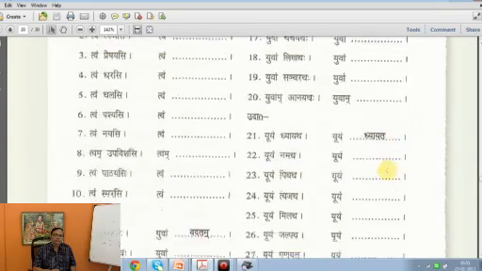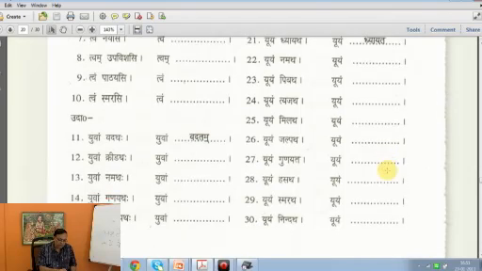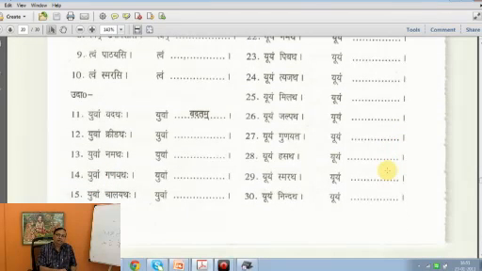You both play. In the previous, yuvam kridataha, you both are playing. Here, yuvam kridatam, you both play. Yuvam namataha, you both are saluting. Yuvam namatam, you both salute.